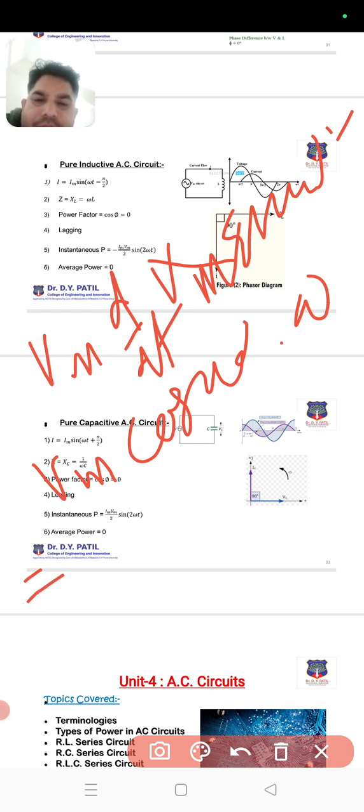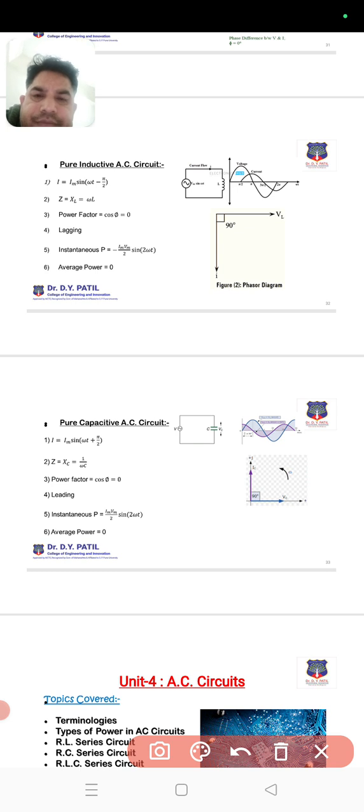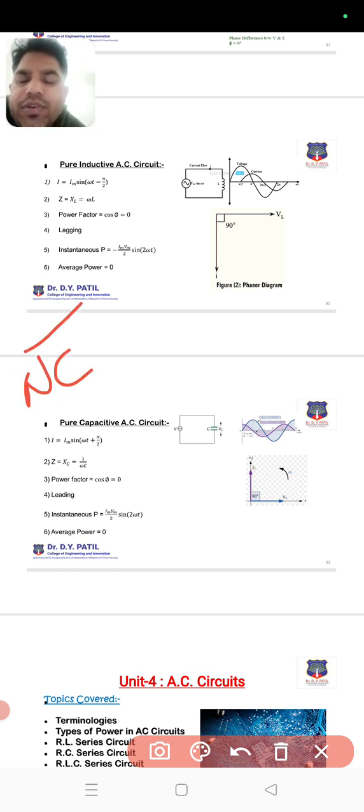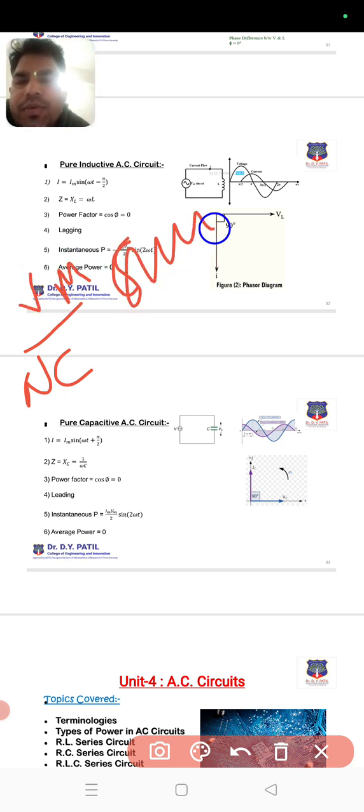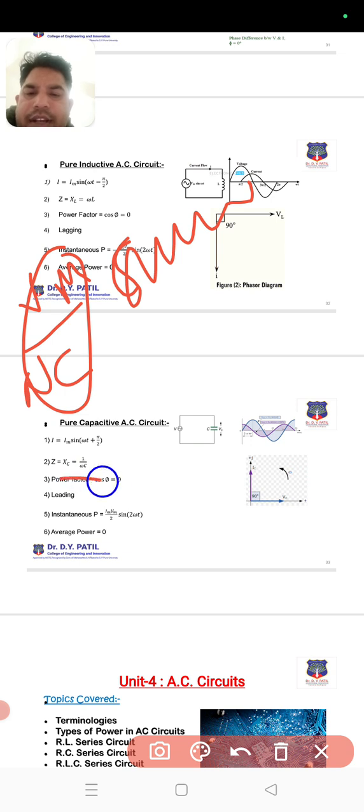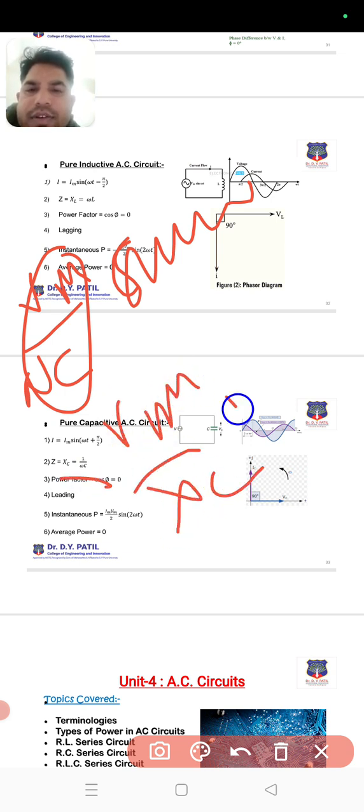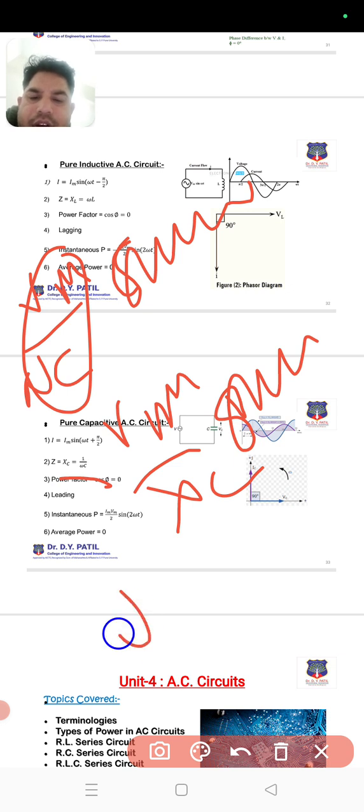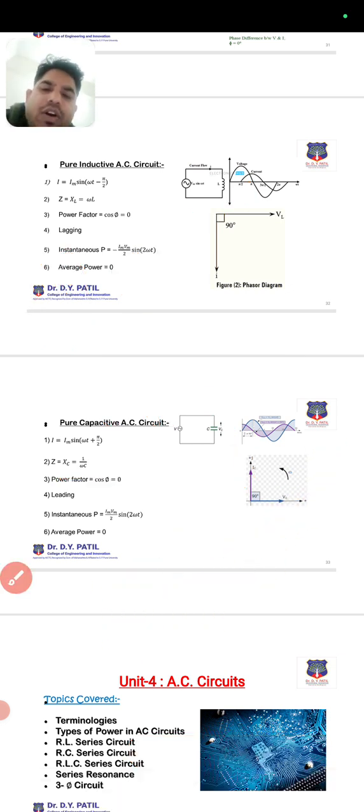So at the end we will get I is equal to omega C into Vm into cos of omega t. Vm divided by 1 upon omega C is nothing but Vm divided by XC. So I is equal to Im sin of omega t plus pi by 2. It's all about the derivation.